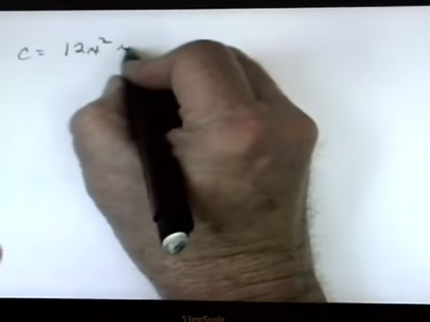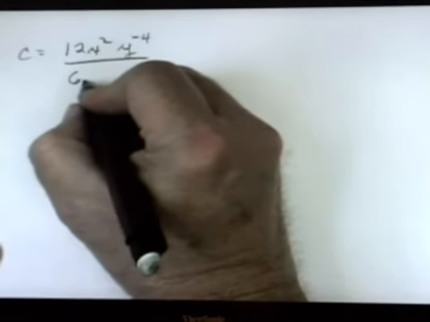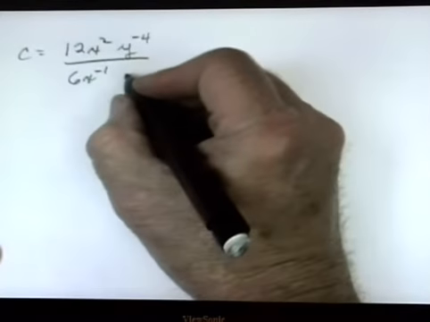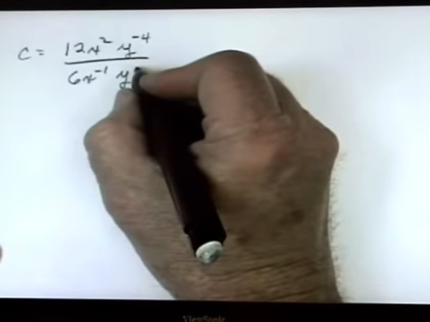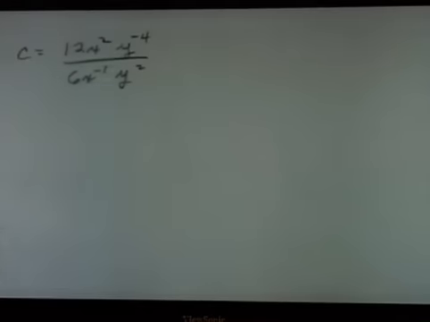And number C is 12x squared y to the minus 4 divided by 6x to the minus 1 y squared.